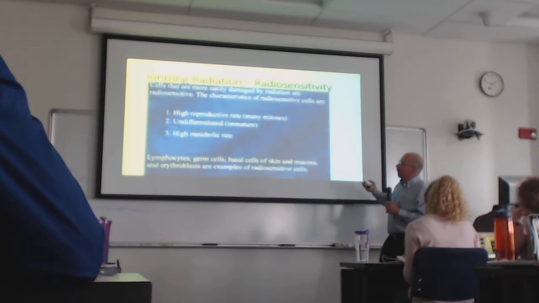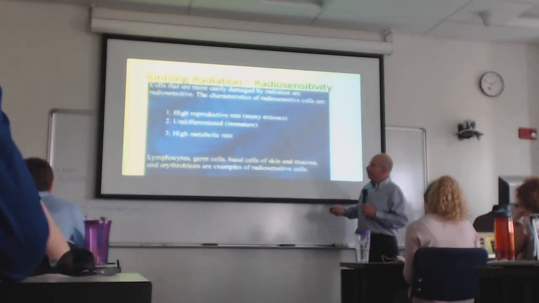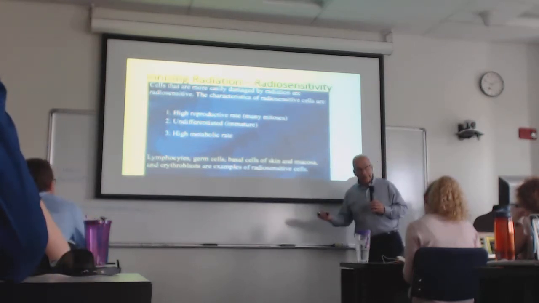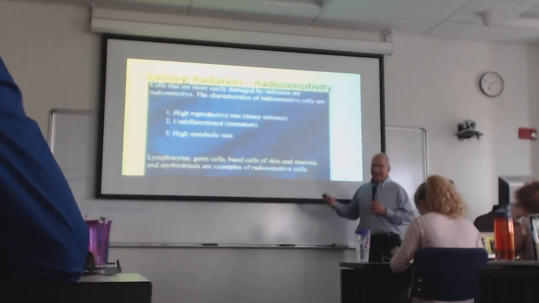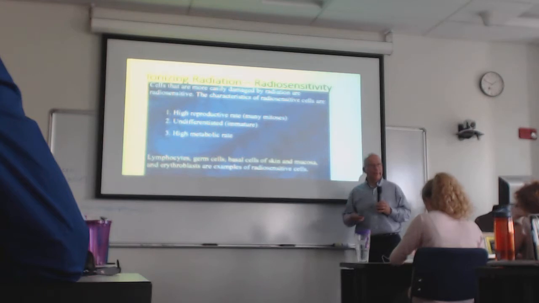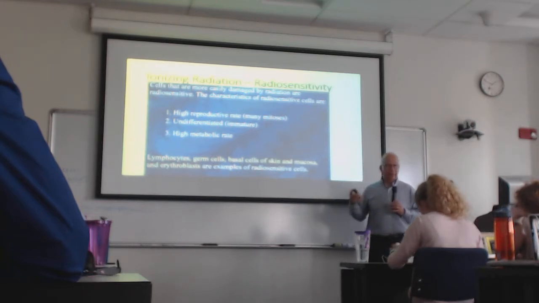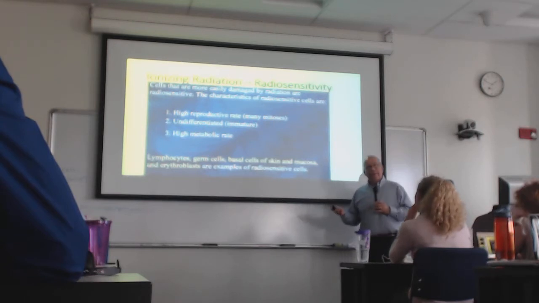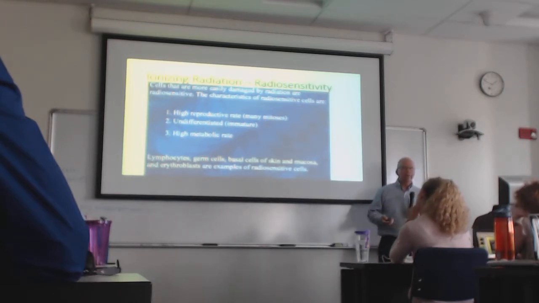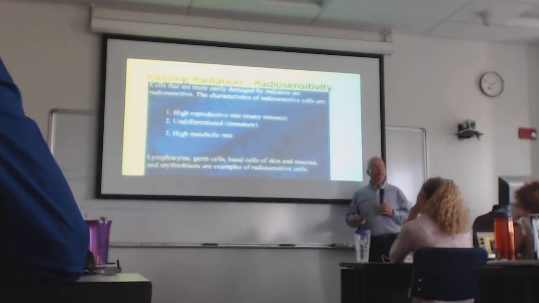What are the kinds of cells? This goes to what I was just talking about. There are certain types of cells that are much more radiosensitive than others. Any cellular line that has a very high reproductive rate and is constantly turning over. There's a reason why people who get radiation therapy or chemotherapy, which are both basically targeted at fast replicating cancer cells, lose their hair.